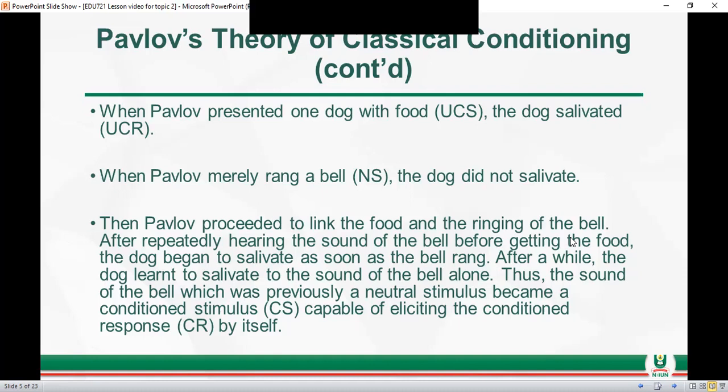If you check the meanings of those abbreviations, you will see that the sound of the bell belongs to NS, that is neutral stimulus, something that cannot trigger any response. So in this case, by sounding the bell and the dog salivating, that means the sound of the bell has come to assume the role of a conditioned stimulus. That's why we call this conditioned stimulus, capable of eliciting the conditioned response by itself. The bell alone was now able to trigger the salivation response.